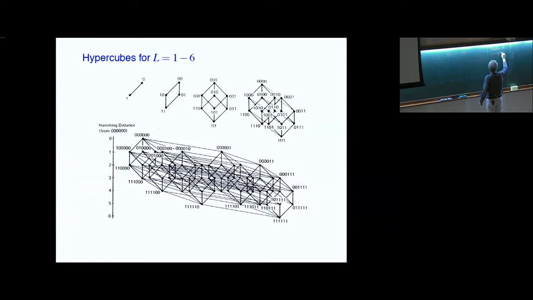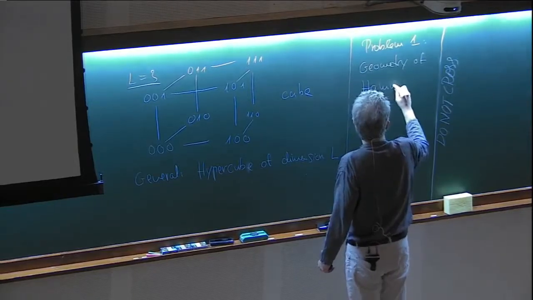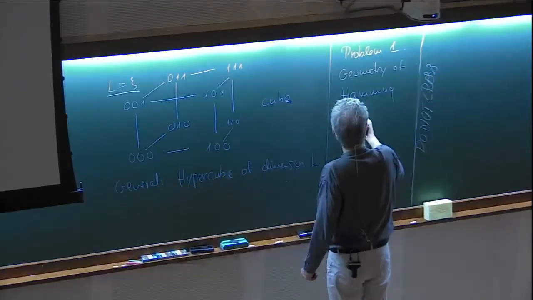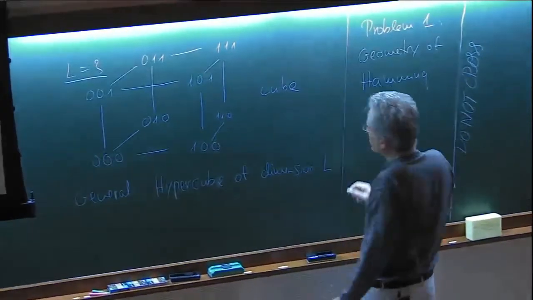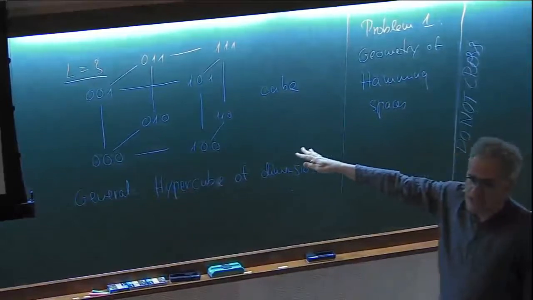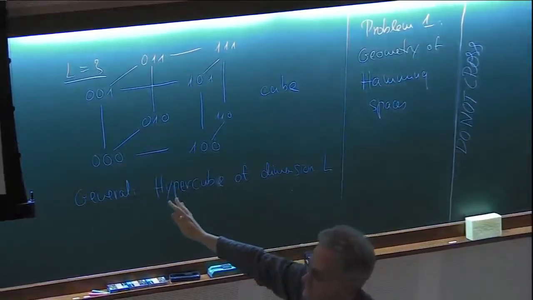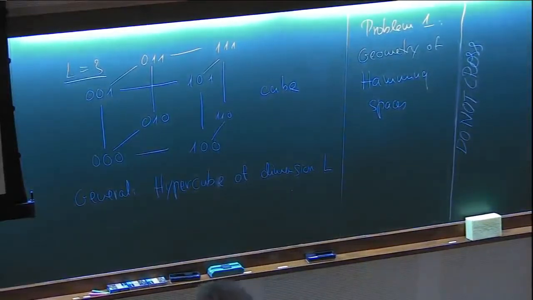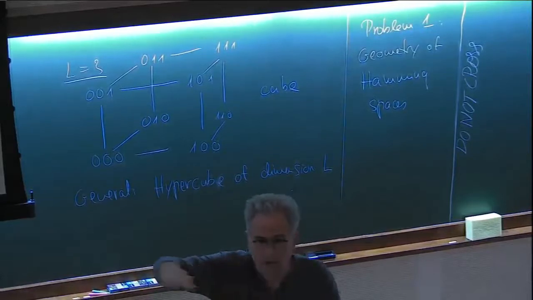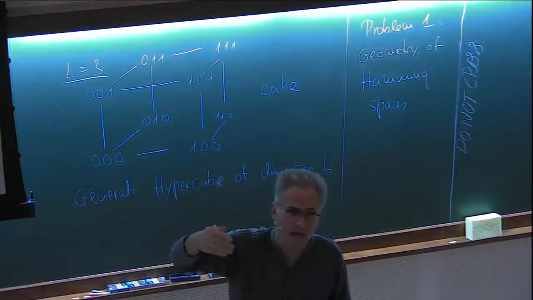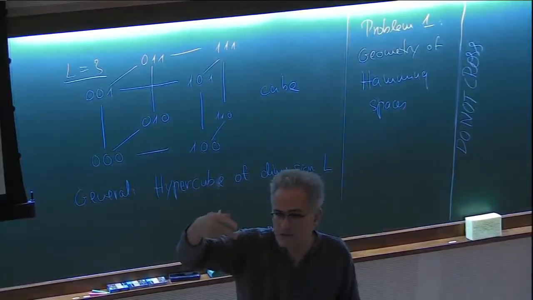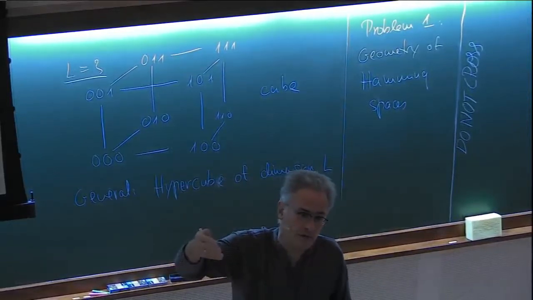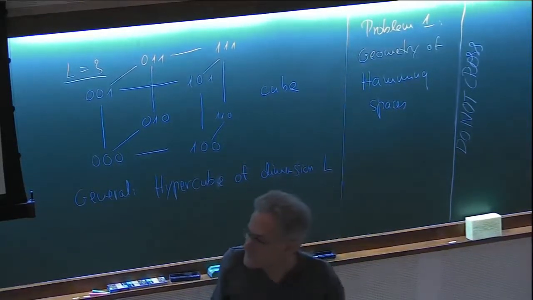Geometry of Hamming spaces. And in fact, in that problem, this is generalized. Throughout most of this lecture, except for one empirical example, I will be focusing on this binary case. Now, of course, if you think about DNA sequences, you can have 4 different alleles per site, or if you think about proteins, you can have 20 different alleles per site.